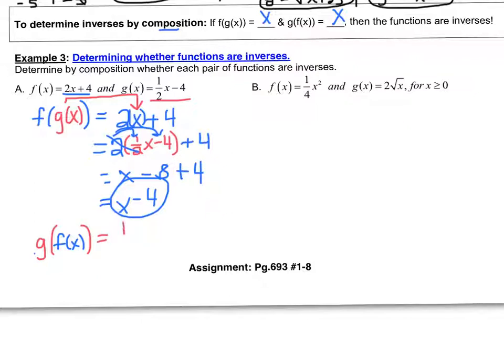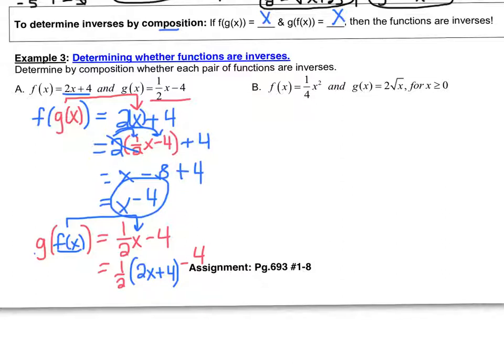So the g function is 1/2 x minus 4. So we're going to take the blue f of x and plug it in for x. So that will look like 1/2. And then in parentheses, we're going to plug in the stuff we underlined in blue, the 2x plus 4. And then we will subtract 4.